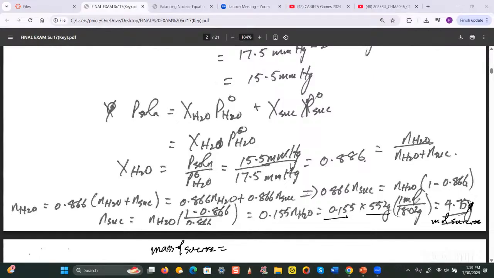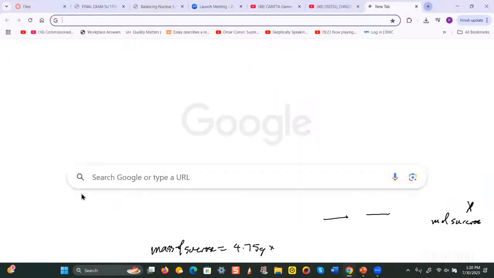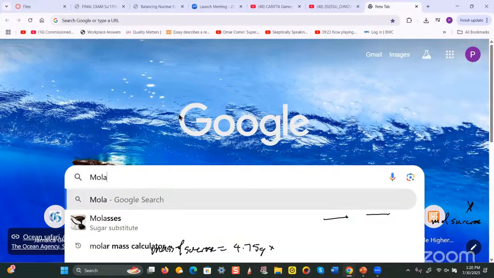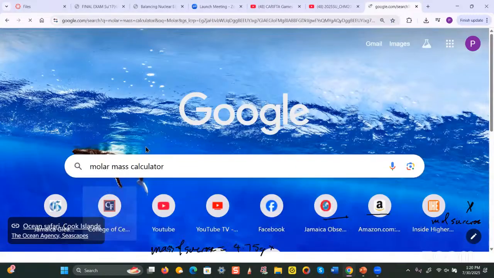We have to multiply the moles that we got here, which is 4.75, by the molar mass of sucrose. Now, the formula of sucrose is... hold on. Let me get the calculator out first.